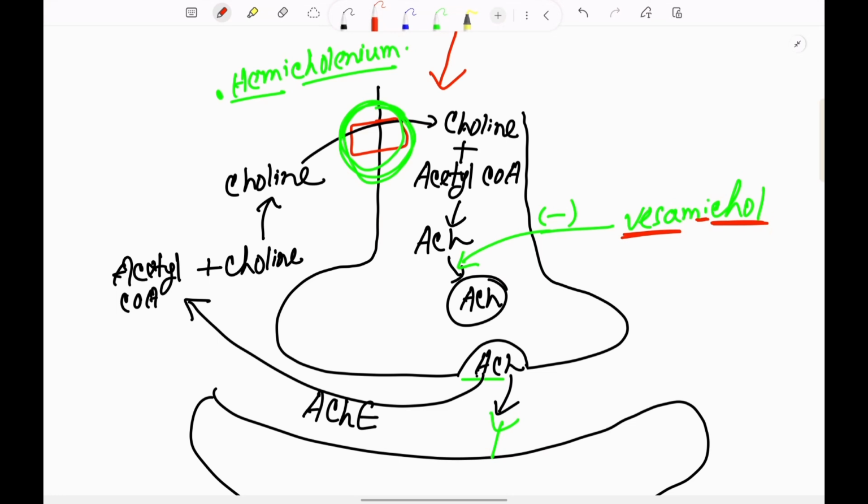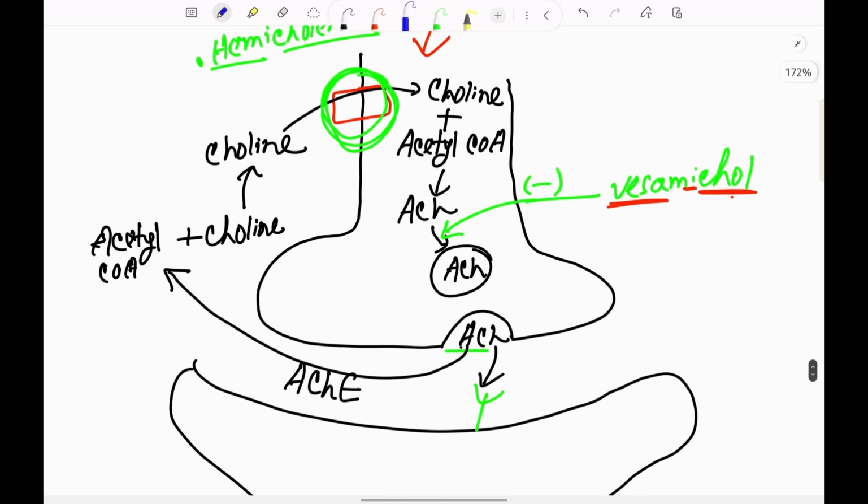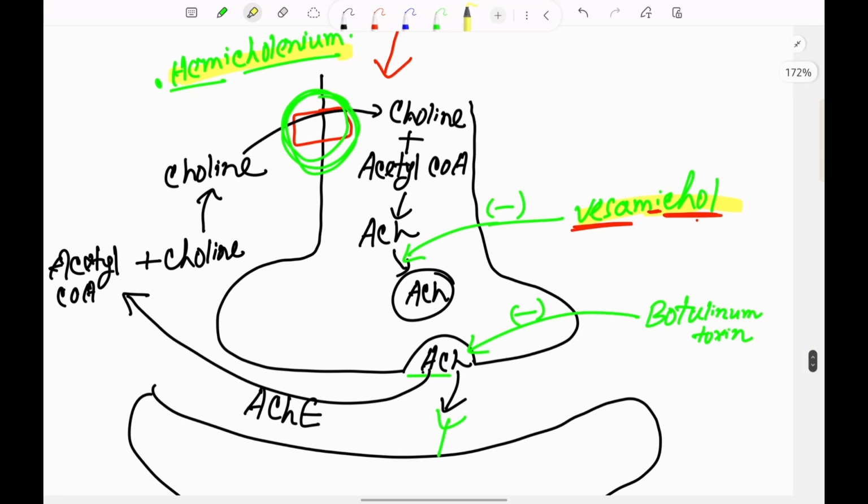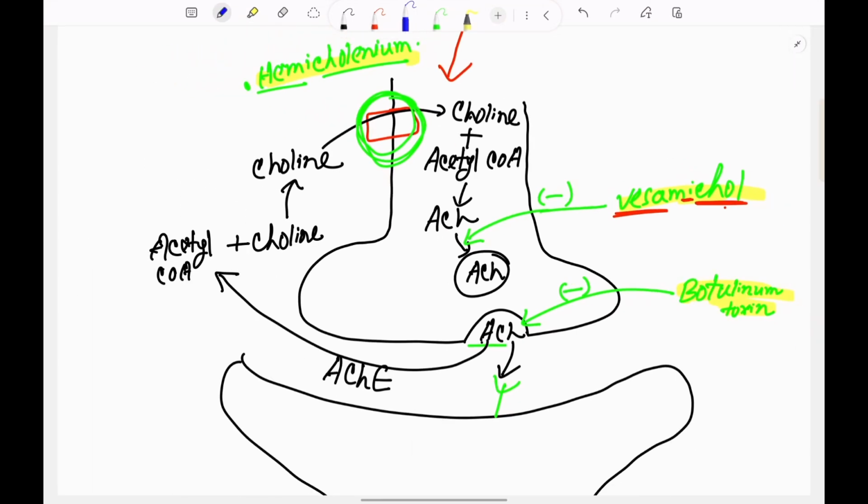So vesamicol inhibits the entry of acetylcholine into the vesicle. And our last drug here is botulinum toxin. Botulinum toxin inhibits the release of acetylcholine into the synaptic cleft. Among these three drugs, hemicholinium, vesamicol, and botulinum toxin, only botulinum toxin has clinical utility.